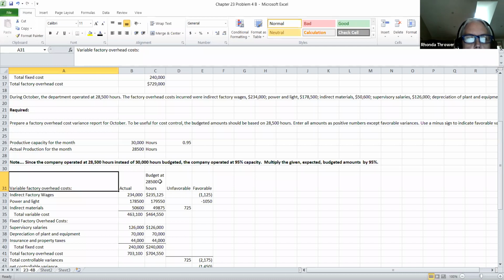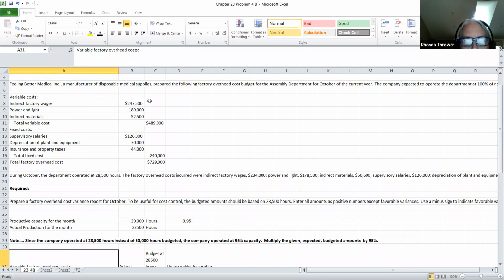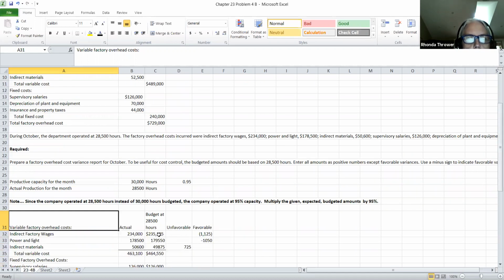Notice I put on here that it's the budget at 28,500 hours. This is what our budgeted amount would have been. But what we have to do is convert this 100% capacity to 95%. So basically what you're doing is multiplying your variable cost only by 95% of this 100% amount here, and that will give you the budgeted hours.